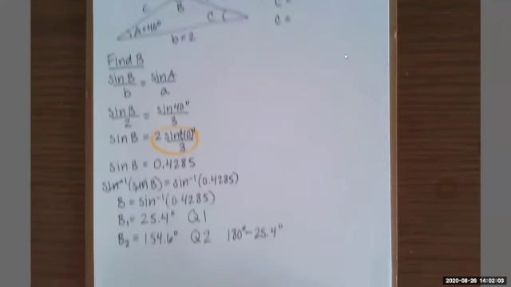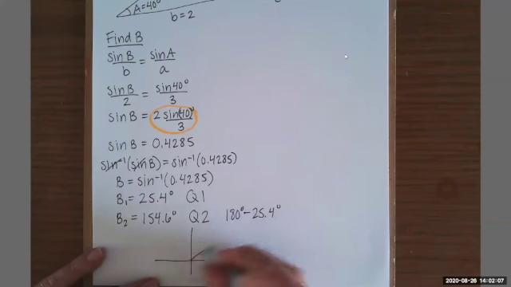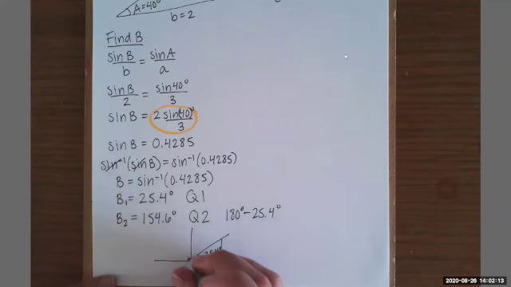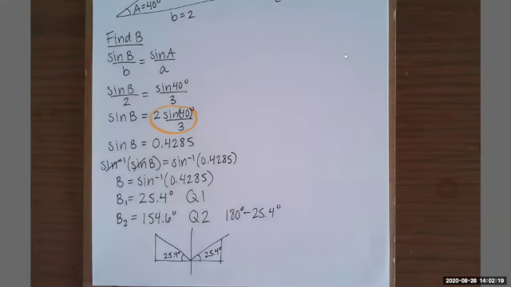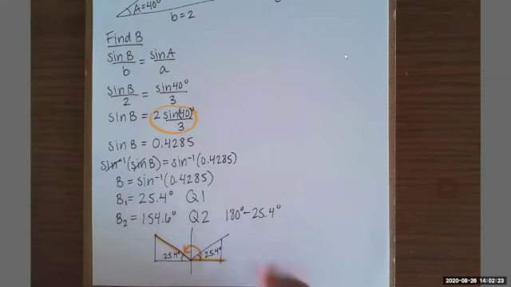The reason why this works out this way, 180 minus that angle, is because all we're doing is drawing matching triangles. So our first solution was 25.4. We want to draw a matching triangle in the second quadrant, also 25.4. But our angle measurement is, of course, the angle in standard position from here to here. So it's always going to be 180 minus what you get in the calculator.